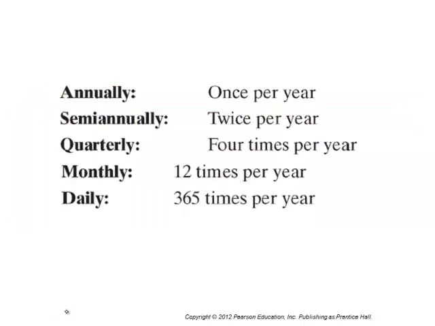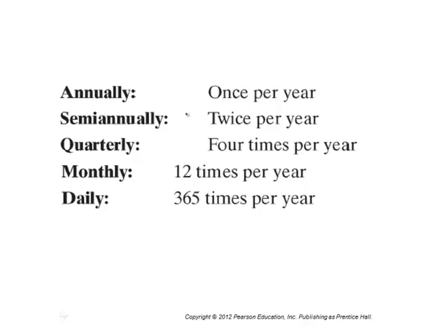All right. Now, the typical term for interest is going to be annually, which means once per year. But you could have semi-annual term, which means twice a year, or quarterly, which is 4 times a year. Monthly, 12 times per year, is when you might have your term come up, your period, what they call a period.